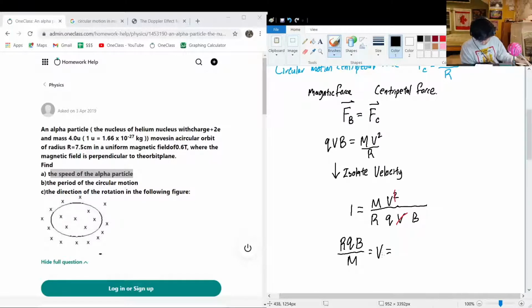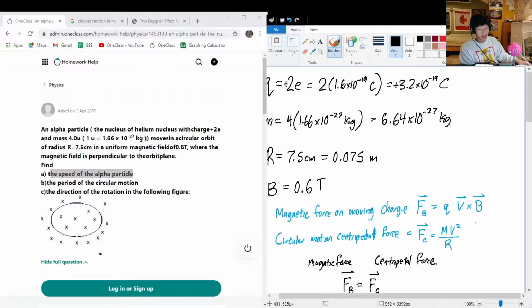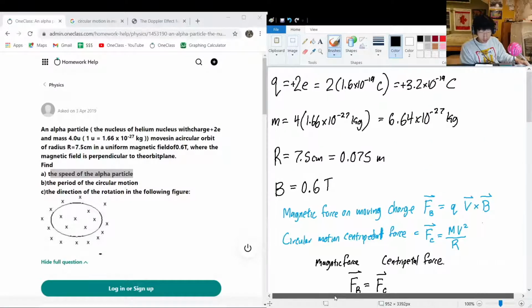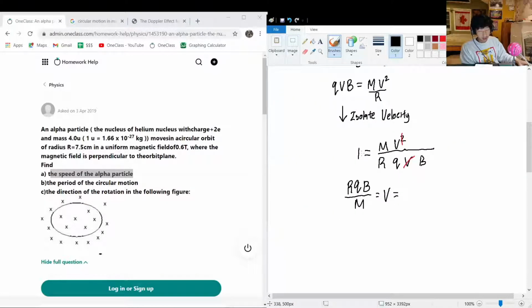Okay, now we had all these values initially, so our r value was 0.075 meters.